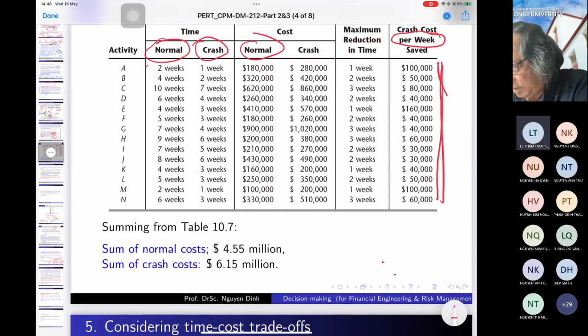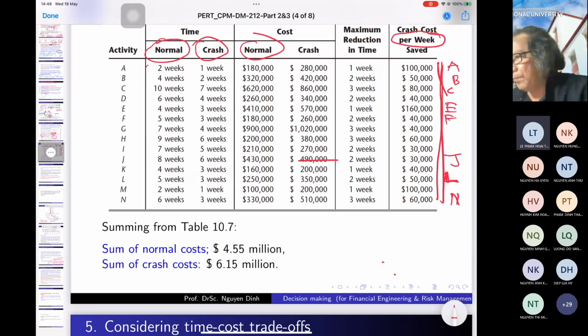A, B, C, E, F, J, L, N. A here, B here, C, E, F, J, L here, N here.